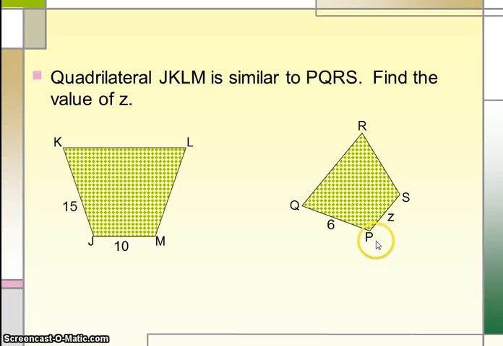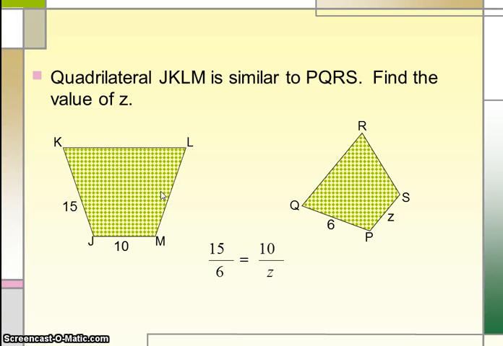What we realize here is if we take this quadrilateral and rotate it a little bit to the right, we'll see that this Z on the bottom corresponds to this 10 over here. Then the 6 line QP here will be similar to line KJ, which is 15.